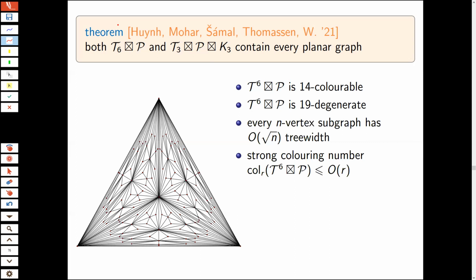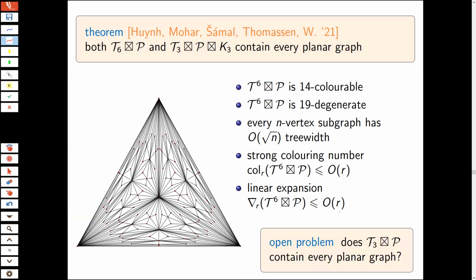I'm not going to define this, but it is a key property in sparsity theory. In fact, the strong coloring numbers are even linear in r, which is a very strong property. This implies bounded expansion, and indeed linear expansion, so the expansion function is even linear in r. So this graph satisfies 4 of the 5 desirable properties in quite a strong sense.